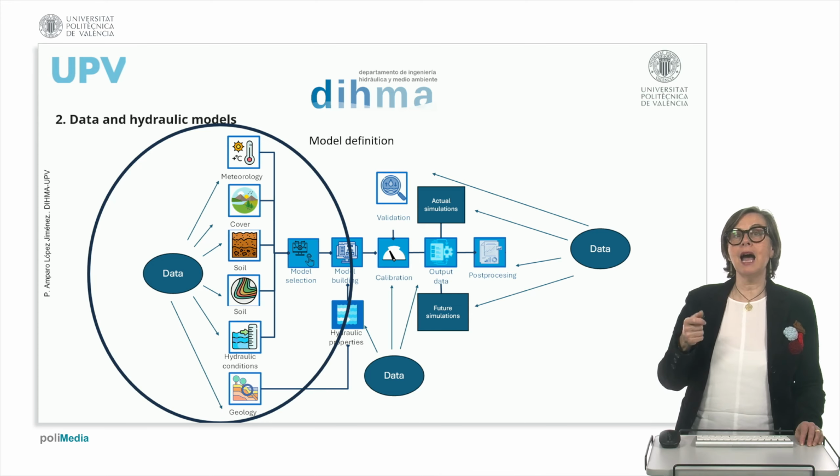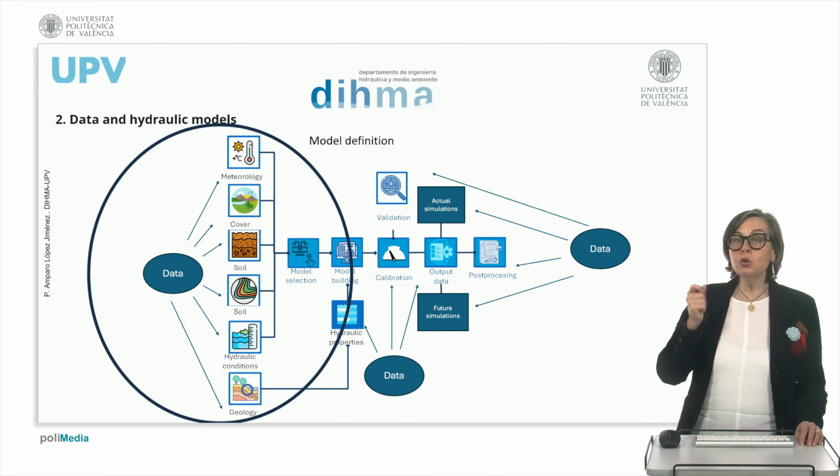So these data are used to determine the number of data we have, the time in which we are considering this data, the reliability, and so to select the model and to define what we are doing. When we have selected the model, then we have to run the model.